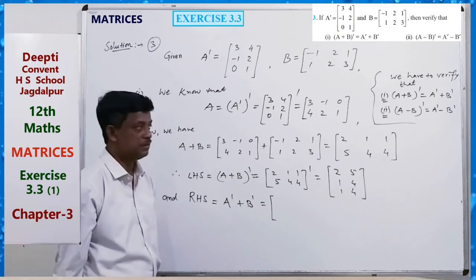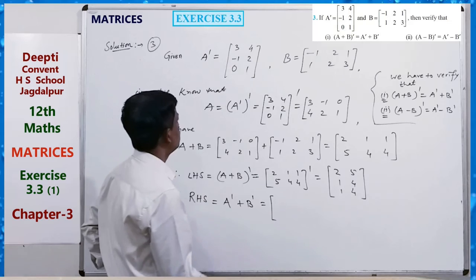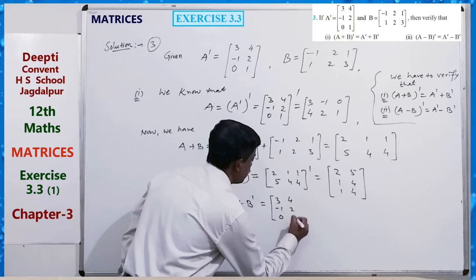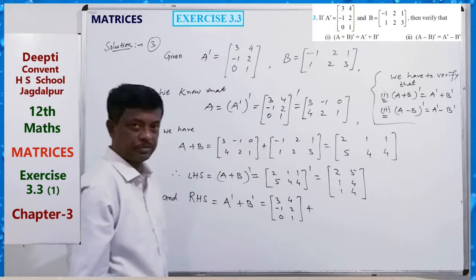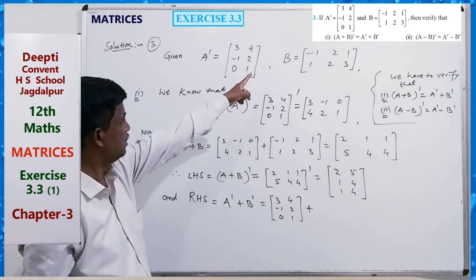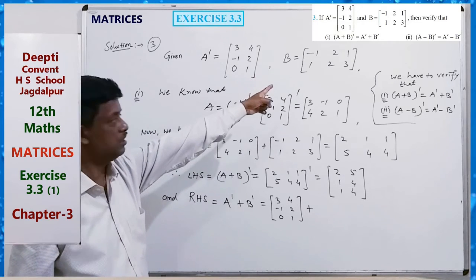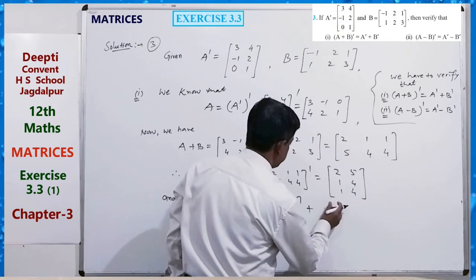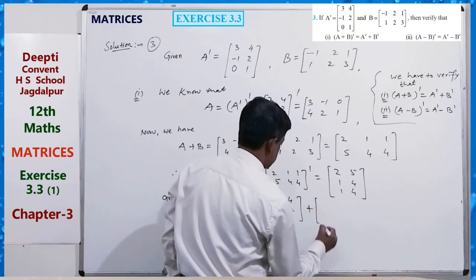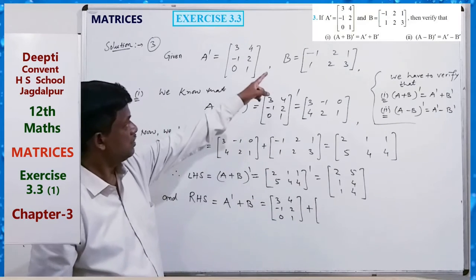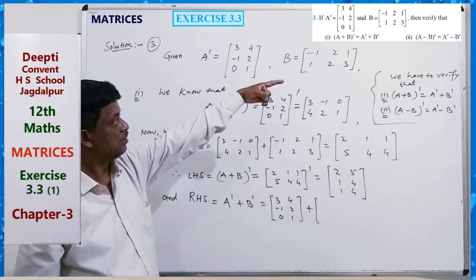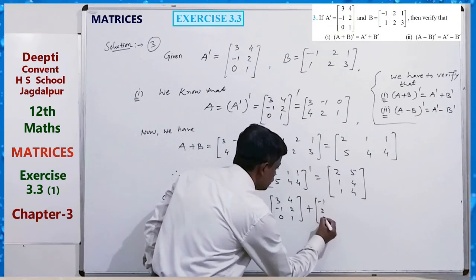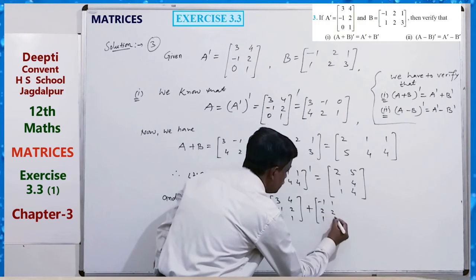Now A dash is as given: 3 minus 1 0 and 4 2 1. B dash can be written by transposing, by interchanging row and column: row goes to the column, minus 1 2 1 and 1 2 3.